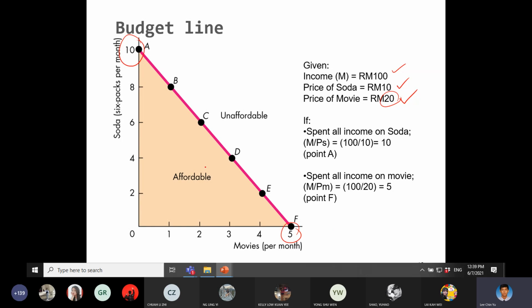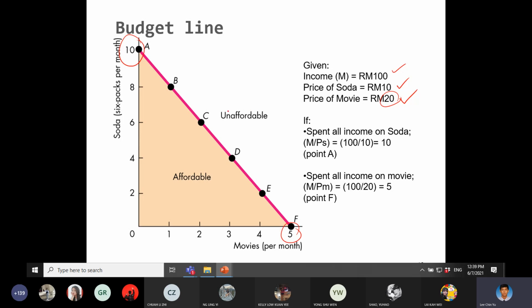So here we have the section which is affordable and unaffordable. Affordable means within your income. Outside the line means unaffordable, beyond your income level. Even though you would like to consume more soda and movie, you don't have enough income to do so.